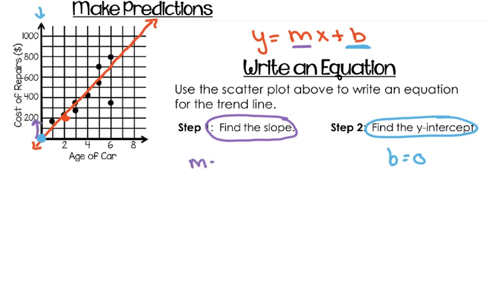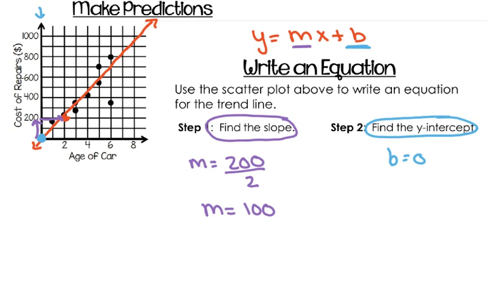One thing about scatter plots, pay close attention to what you're changing by on the y or the x. So I'm going up 200, and then my run is 2. So when I reduce that, my slope is 100.